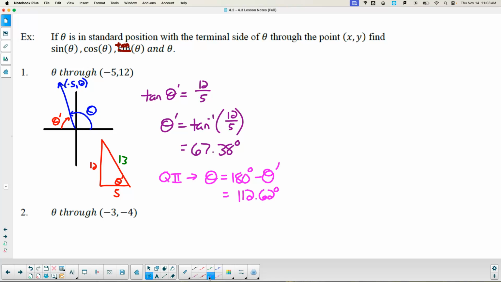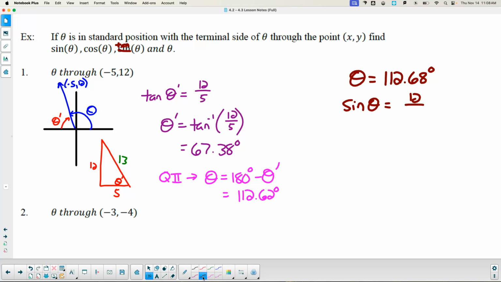So the things that we can say here are actual theta is 112.62 degrees. The sine of theta would be the opposite over the hypotenuse.